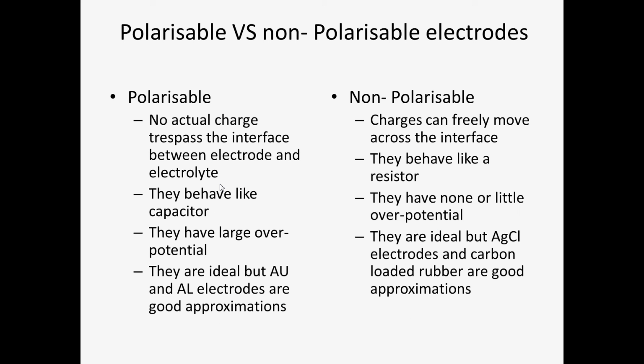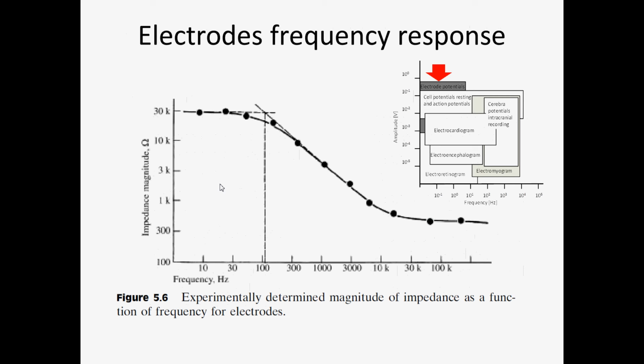We discussed this. This is another issue that a lot of electrophysiologists just don't take into account. According to the frequency of interest, and sometimes the frequency of stimulation, we need to change the kind of electrodes that we use.